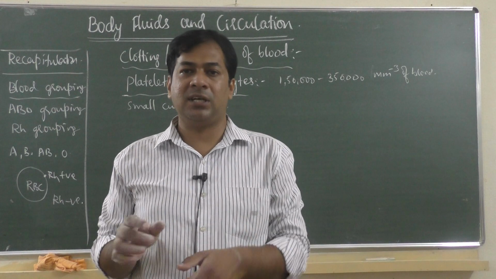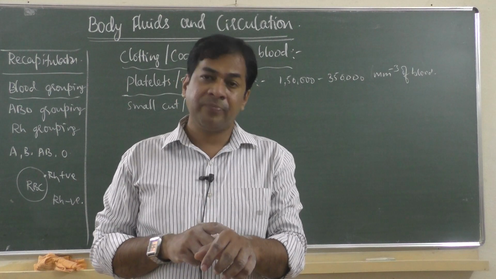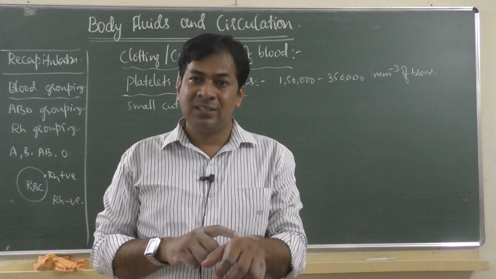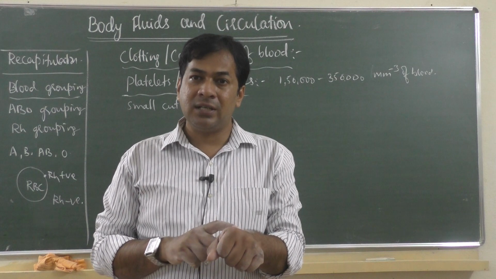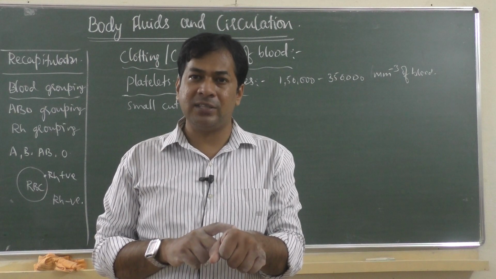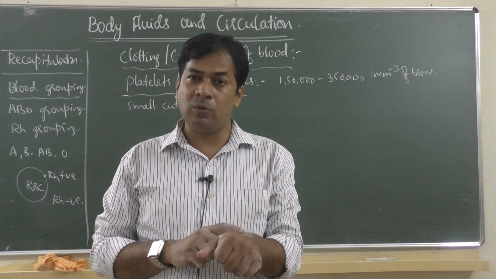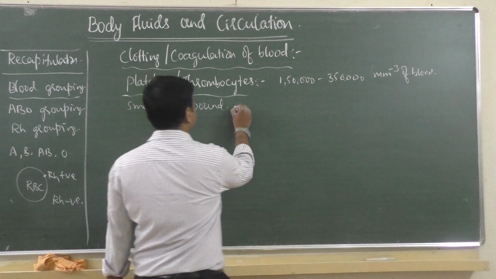Then after some time I see that bleeding stops. There, a reddish brown colored patch is produced. Later it becomes dry, and that is called a clot, a blood clot, or it is called coagulum.